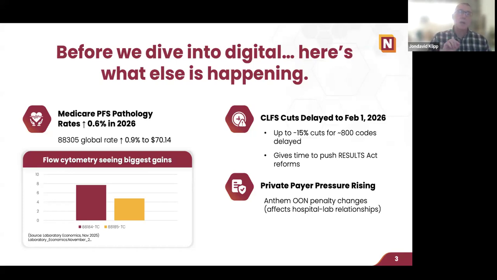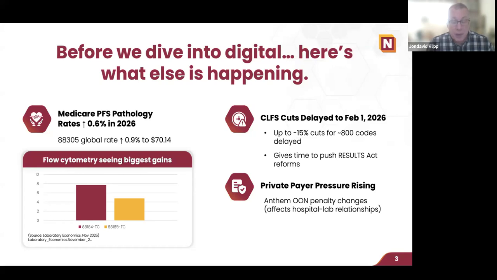And I'm talking about the national rates, not adjusted for geography. So they might be slightly different depending on what part of the country you're in. Anyway, the 88305 professional component will be increasing by 0.4% to $35.07 in 2026.